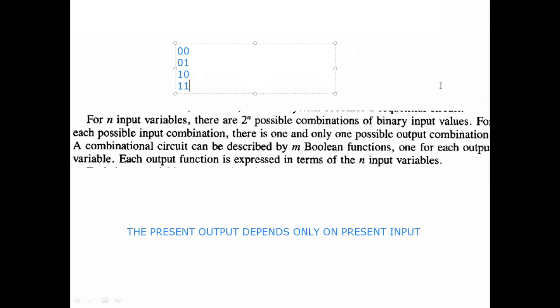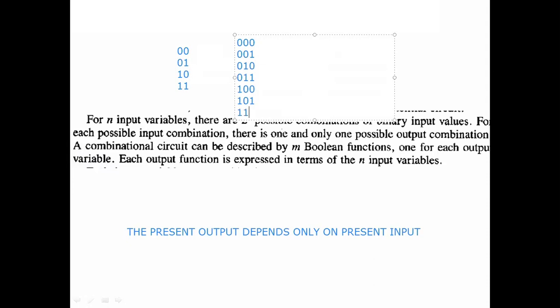If you are taking 3 variables, how many combinations will you be getting? 0 0 0, 0 0 1, 0 1 0, 0 1 1, 1 0 0, 1 0 1, 1 1 0, 1 1 1.